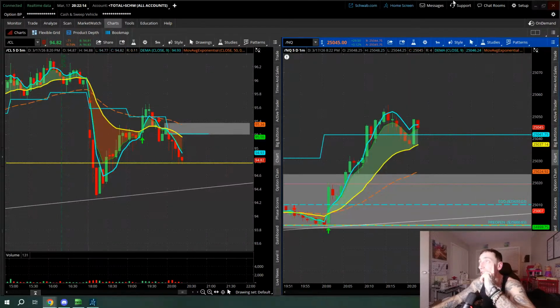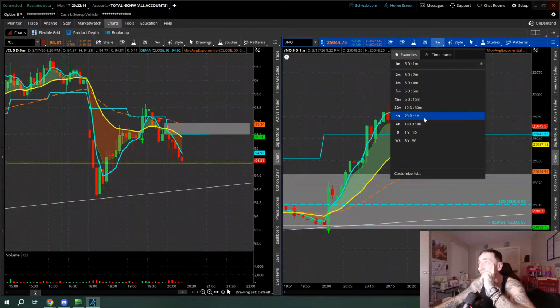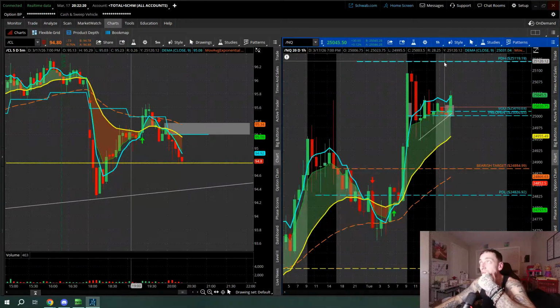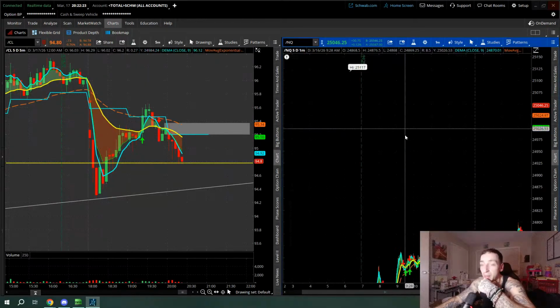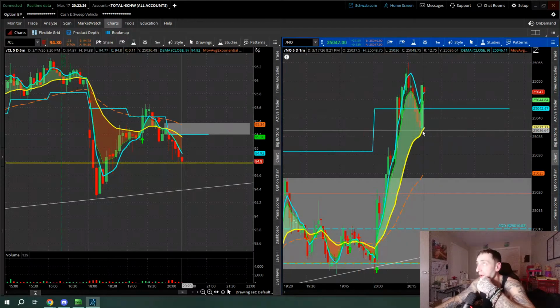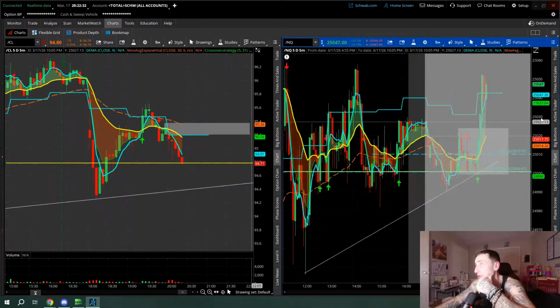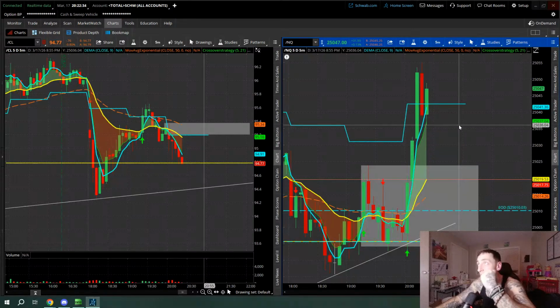Just feel like NQ might be a little bit better of a move. It's just got a lot more buying going on to it. I like that 1 minute 20. I mean, we're super extended, so if I do take this, my stop's going right below this candle.